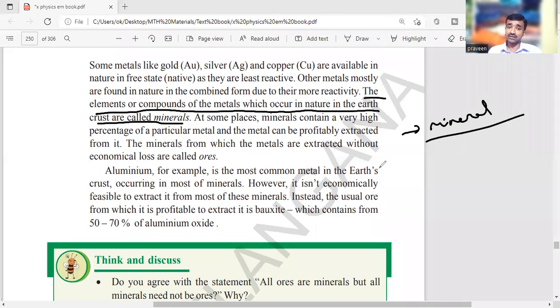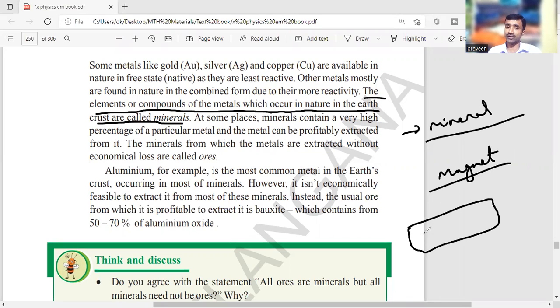These minerals are available in a large percentage or maybe a small percentage, right? Suppose you are playing with a magnet in the soil, can you collect any substance with the magnet? Yes, we can obtain a substance which sticks to the magnet.